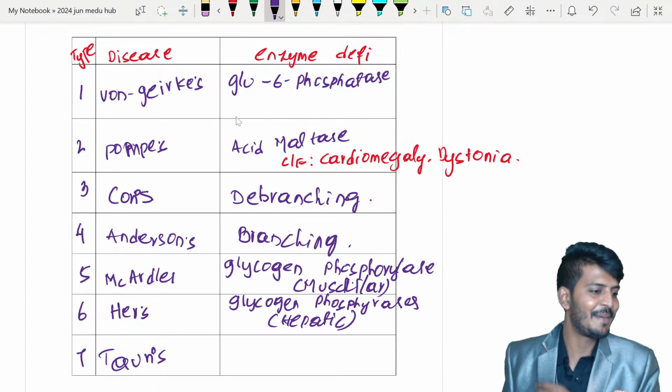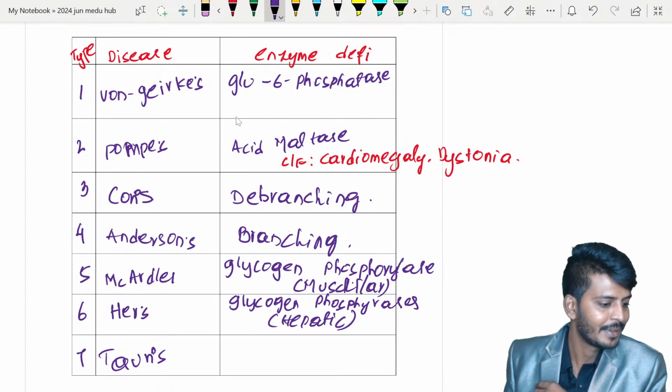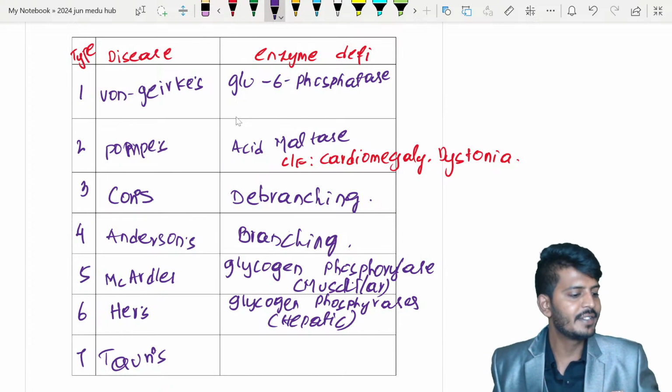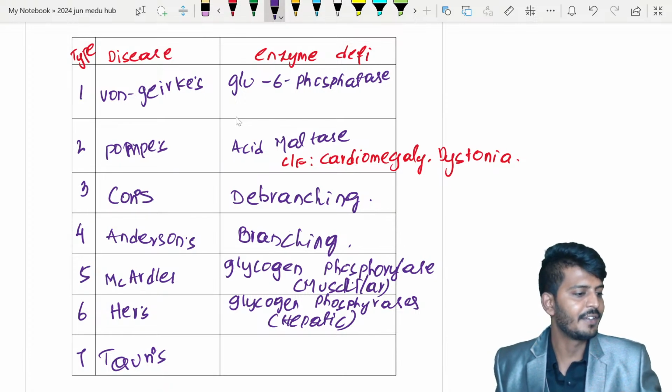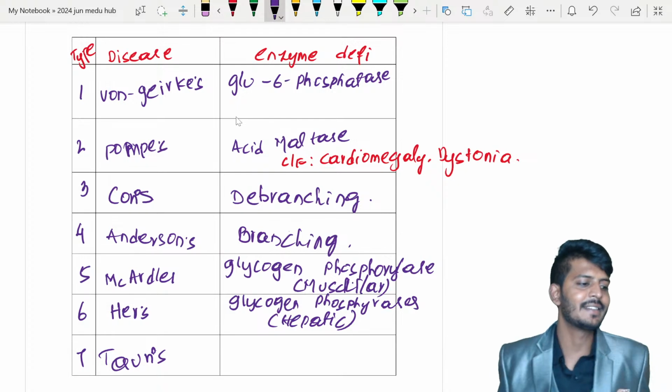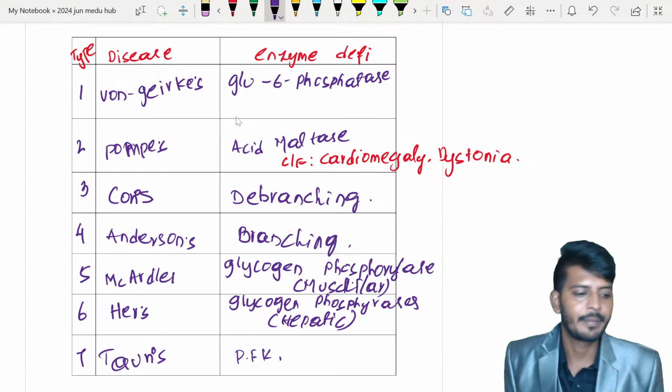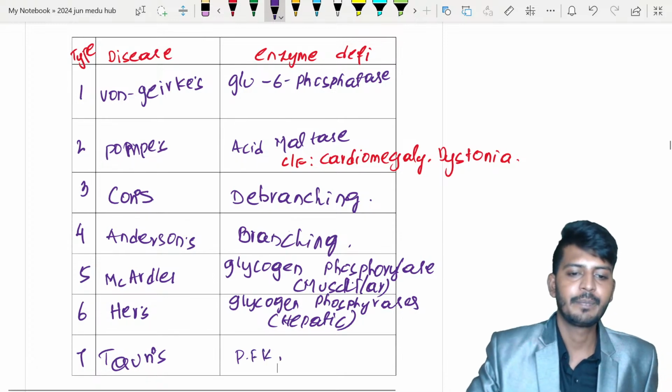Yes, deficiency I'm asking. So what is this? Tarui's is a type 7 glycogen storage disorder that is caused as a result of which enzyme? Phosphofructokinase. Okay, PFK deficiency.